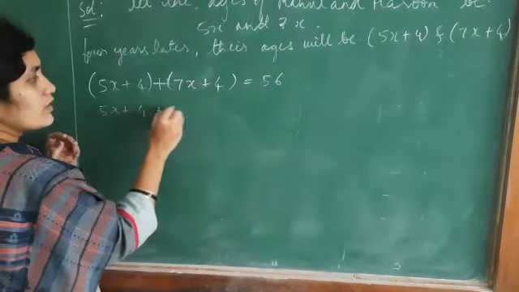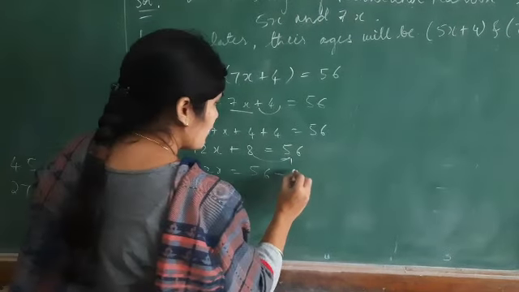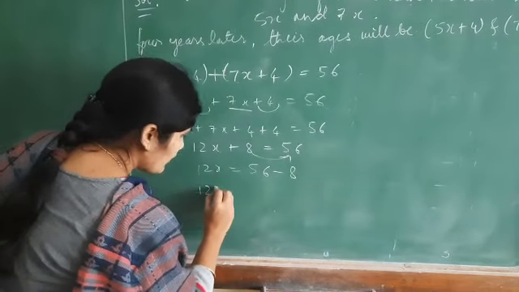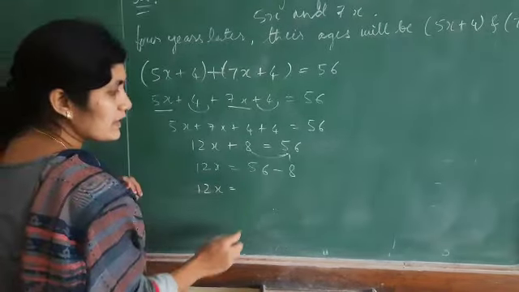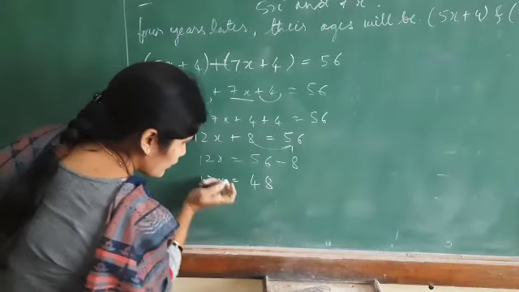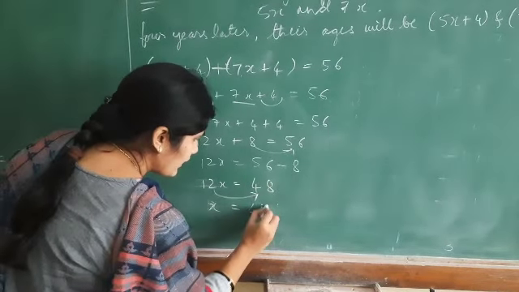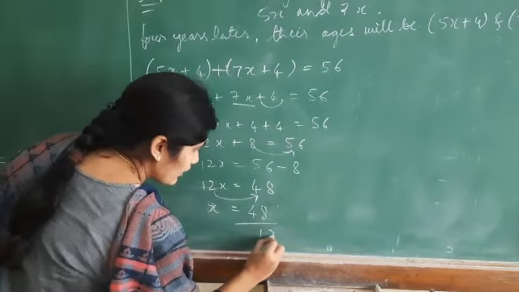Transpose 8 to the RHS, minus 8. 12x is equal to 56 minus 8, which is 48. x is equal to, transposing 12 to the RHS, 48 divided by 12, because 12 is multiplied with x here. Once you transpose it, it becomes division. 12 ones are 12, 12 fours are 48, so x is equal to 4.